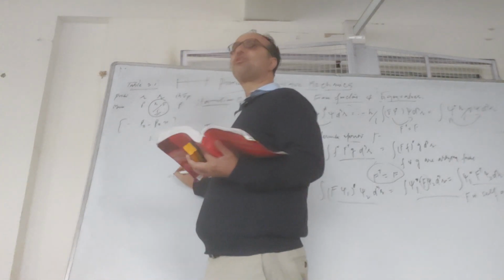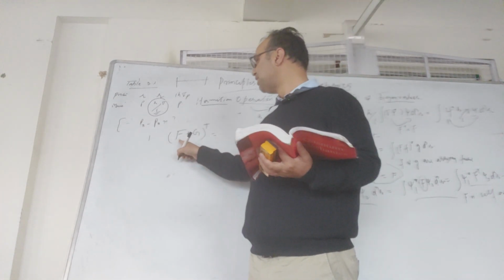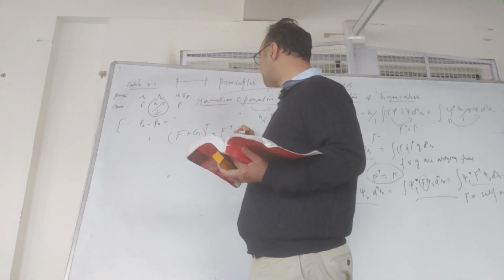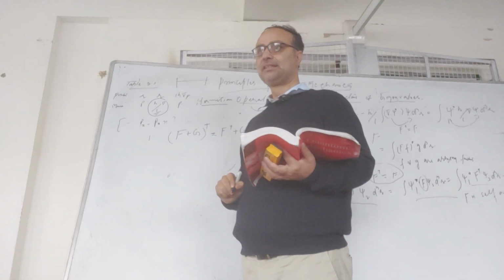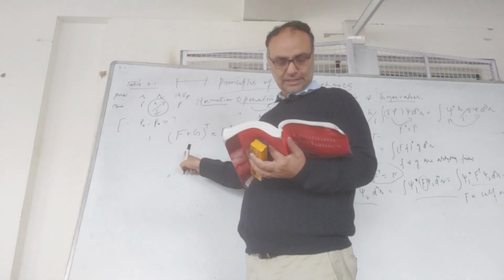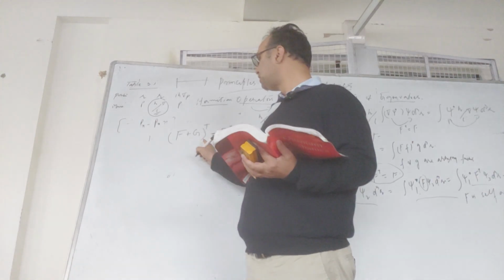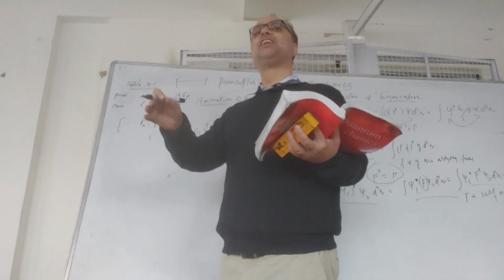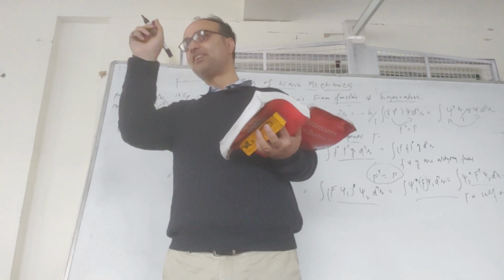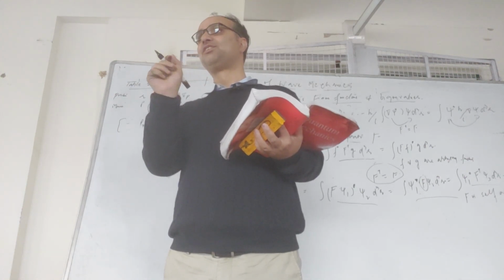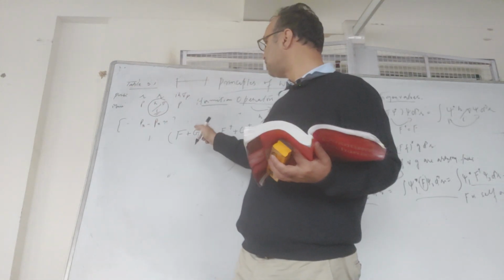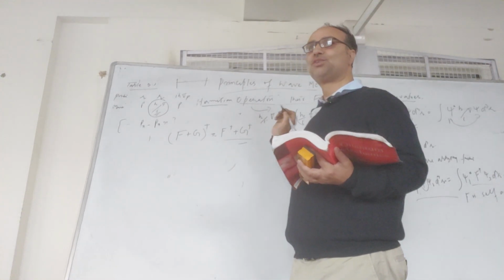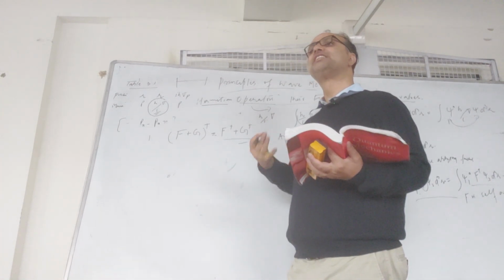Trivial in the sense that you can take two matrices on rough paper and check whether the adjoint of the sum is equivalent to F adjoint plus G adjoint. We assume that for two Hermitian operators it will come out to be true. To convince yourself, at home take two Hermitian matrices, add them, take the adjoint, and just check whether this is equal to this or not, as a self verification.